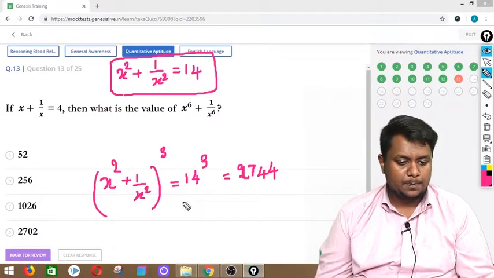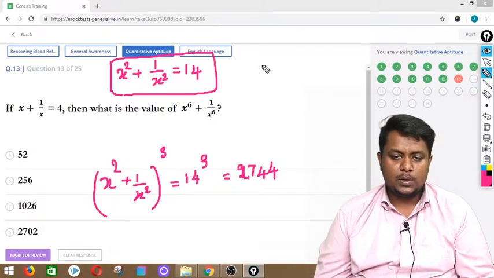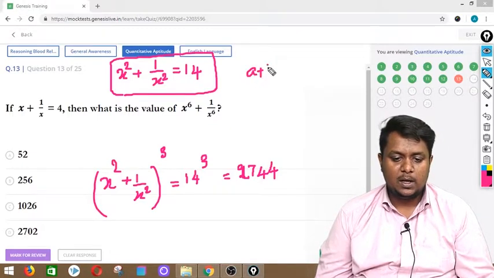Now what we do here is we need to know the formula for a plus b the whole cube.